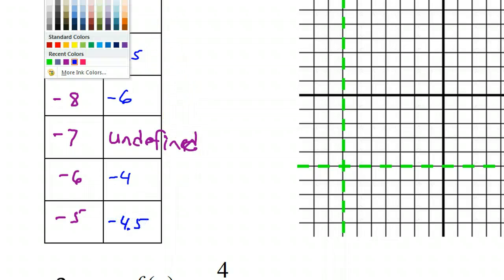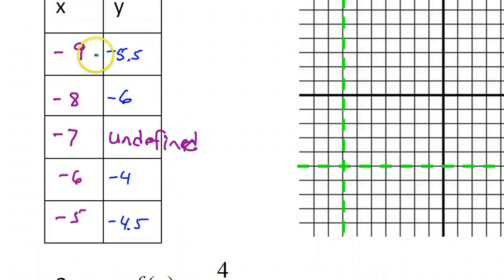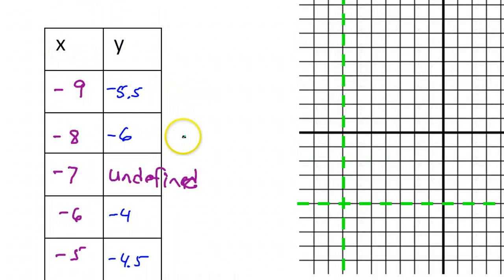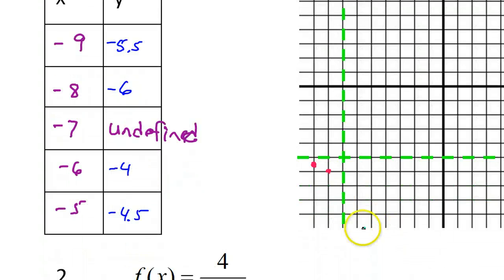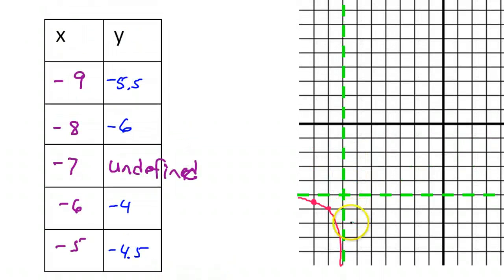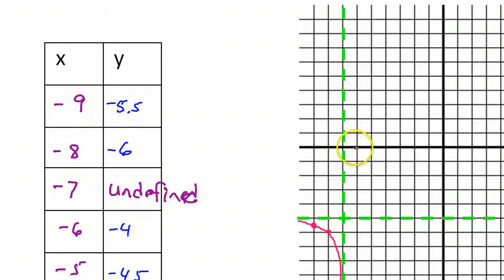Let's plot these points, people. So -9, -5.5. Then -8 and -6. These 2 points are enough to help me sketch my little branch right here. Now -6, -4. So here's -6 and here's -4.